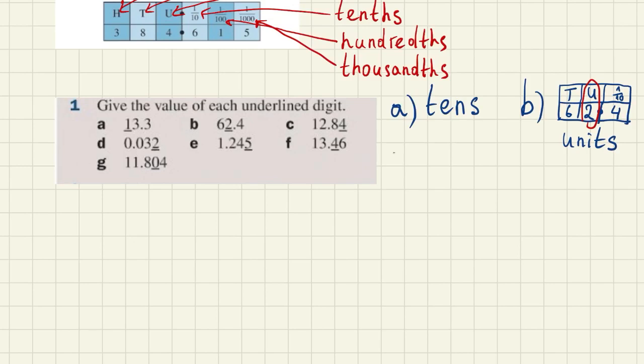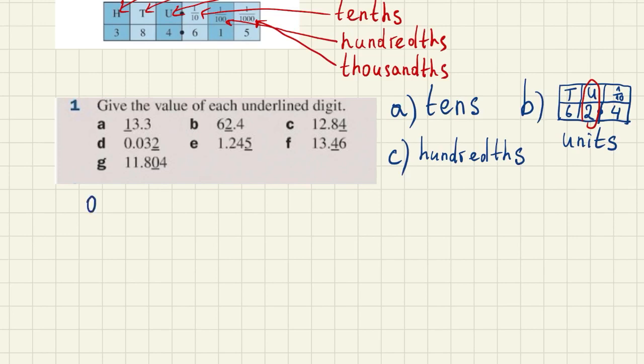In C, here is our tens, here is our units. This is 1/10, tenths, right? And then we have hundredths here. Pretty similar word to hundreds, but try not to confuse them.